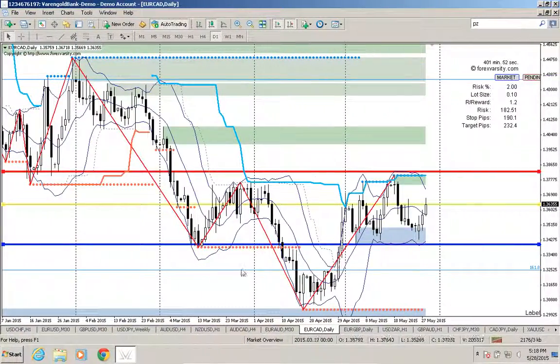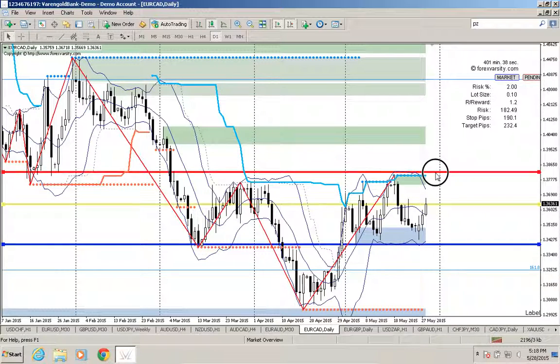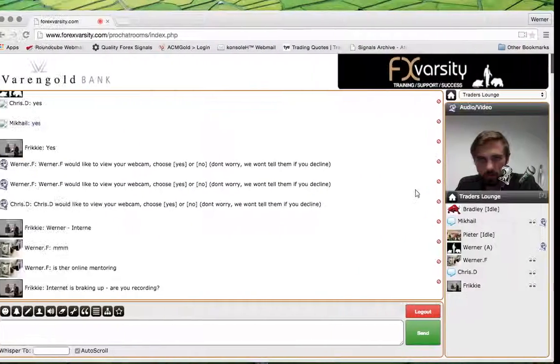Okay, so if we sell right now, we can put our stop loss at around 1.3826, even a bit lower. We can go about there.